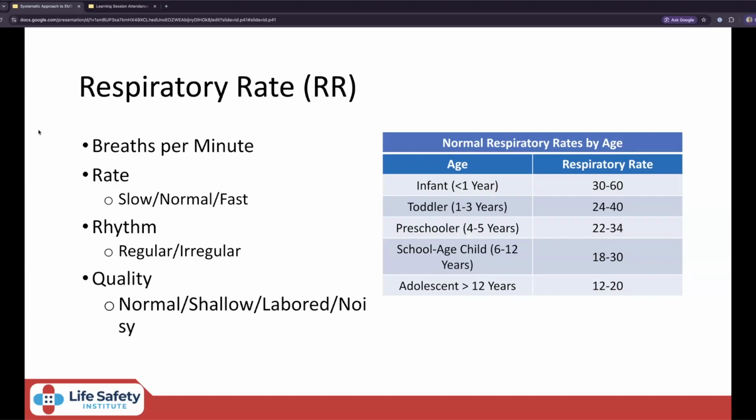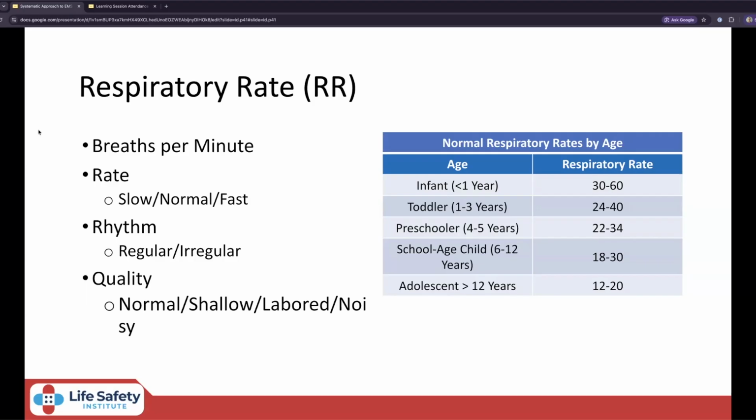Most people will count for 15 seconds, and because that's a quarter of a minute, they multiply by four. Really, what you do is count for 15 seconds, double it, and then double it again. To me, doubling a number is easier in my head. So if I count for 15 seconds, I double it and then double that number, and I've got my times in a minute.